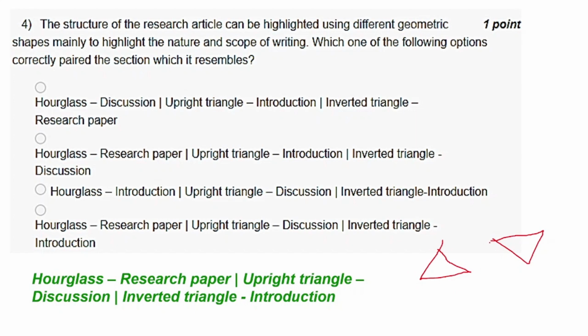But when you're giving an introduction, that comes at the first of the research paper. Remember, that's the first thing after the abstract that you read in a research paper. So when you're giving the introduction, the exact opposite thing happens. You start with a very broad overview. That's why the inverted triangle works out for introduction, the base of the inverted triangle, because you start with a very broad overview.